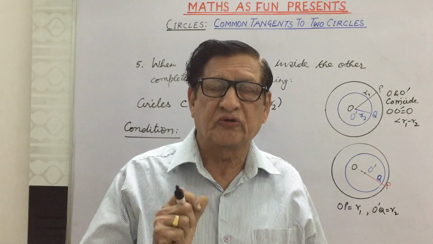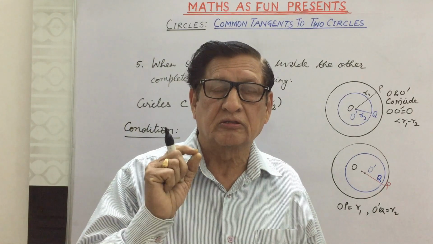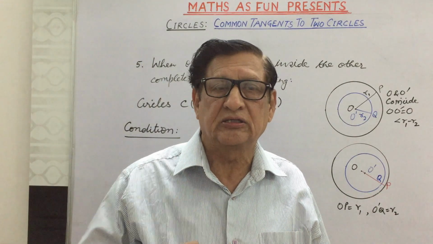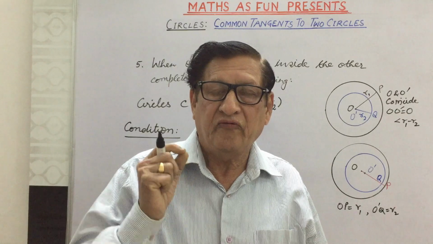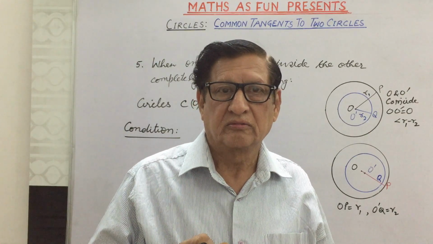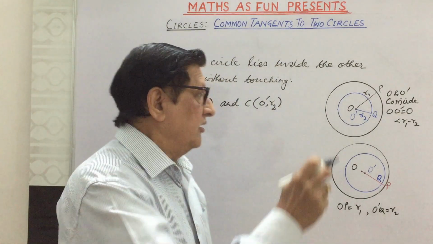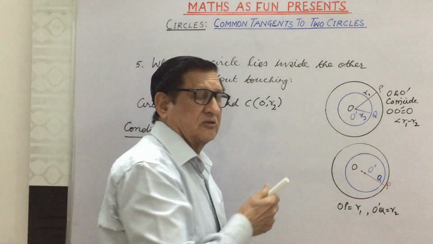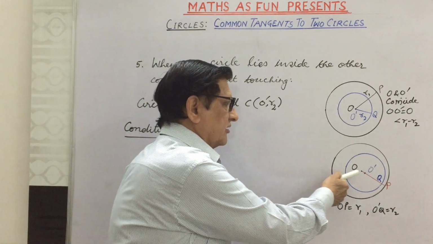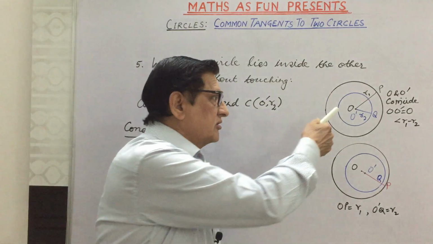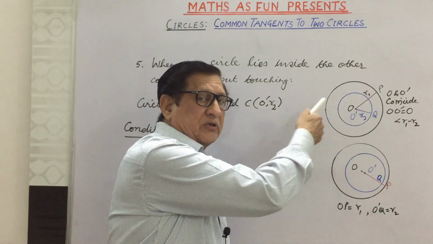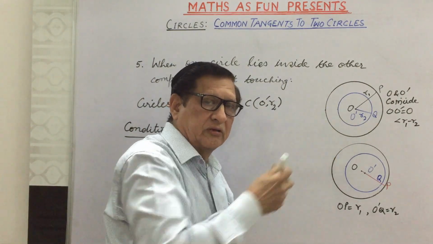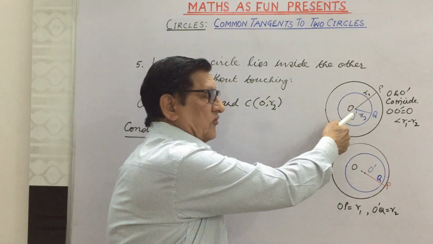The fifth position of two circles is when one circle lies completely inside the other circle. We can have two cases of it. That is, they are concentric circles or they are having different centers. Concentric means the center of them is the same, only the radii are different. In such case, what do you find?